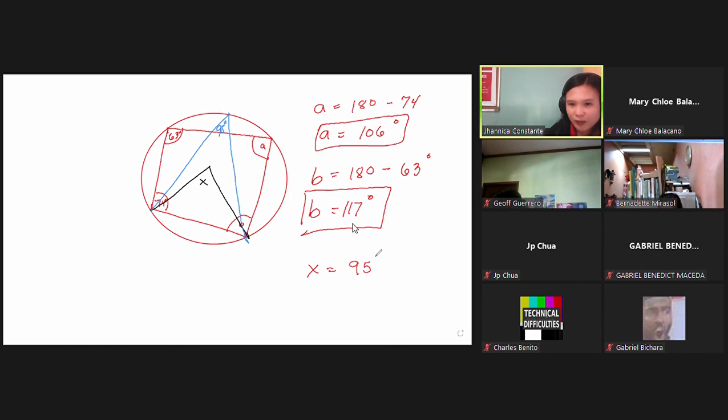Not divide, multiply by 2, twice the circumference angle. So 95 times 2, which is equal to 190 degrees.